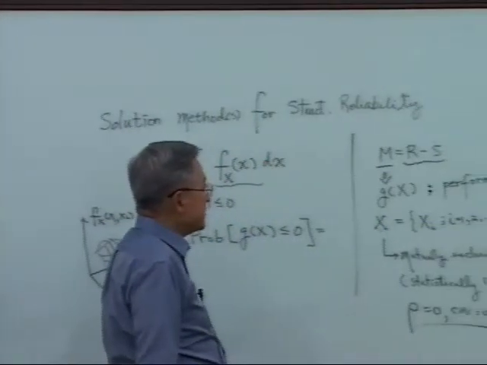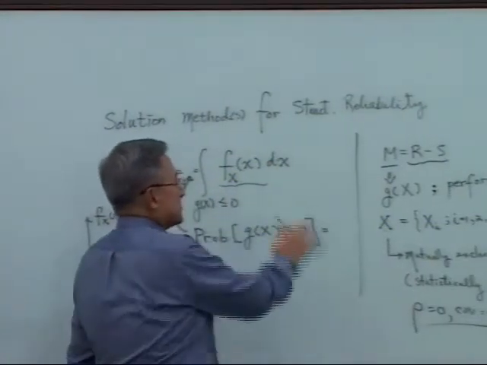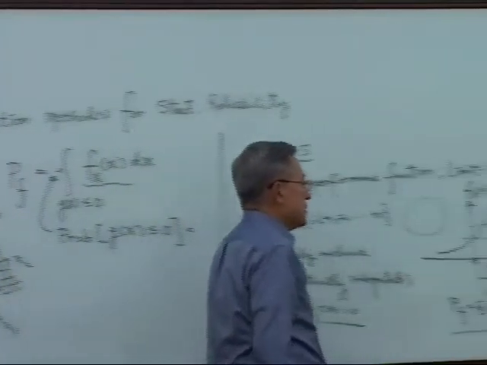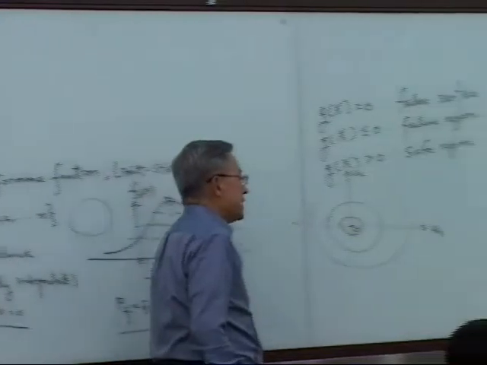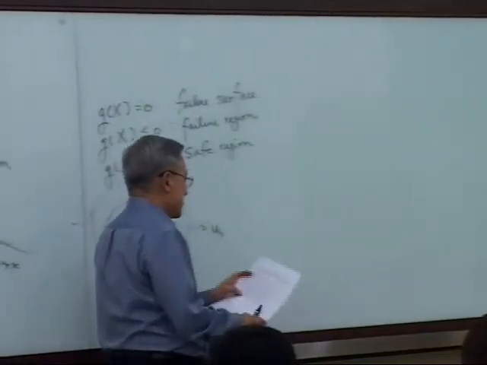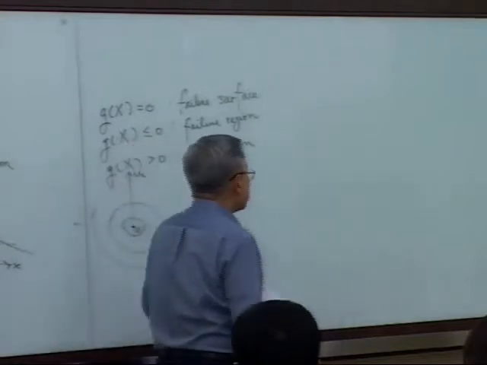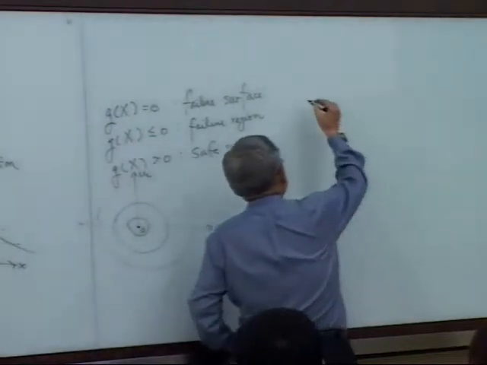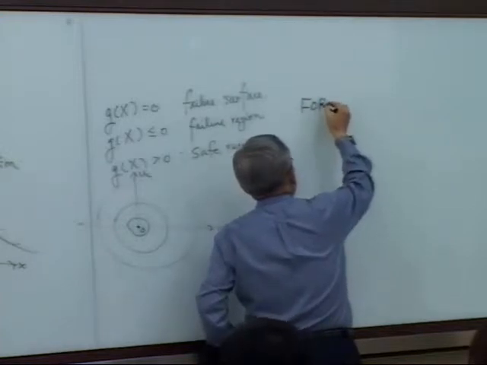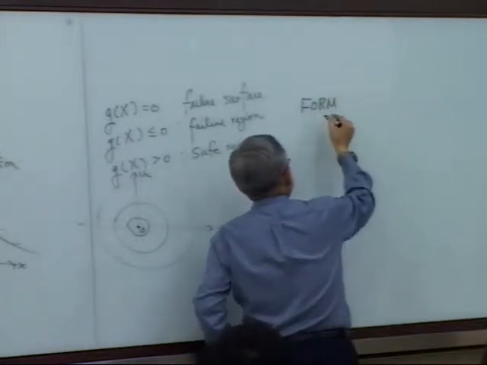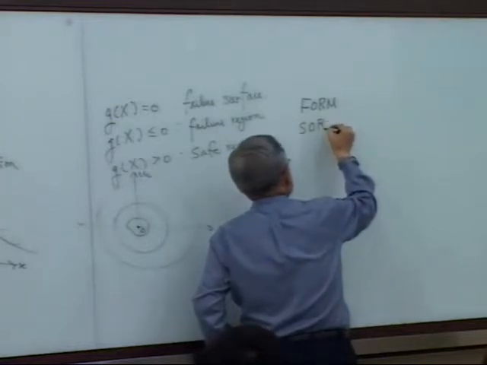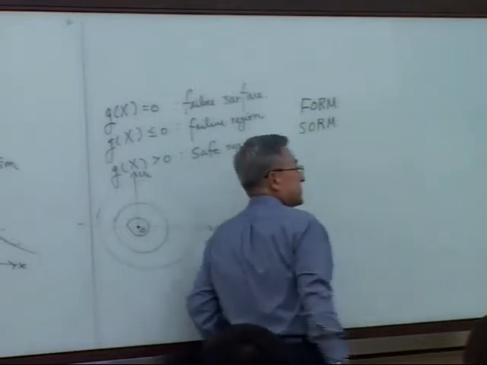And this is just a basic conceptual type of the integration we have to have for the multi-dimensional situation. And for approximation, we're going to use it. One method is FORM, another method is SORM.